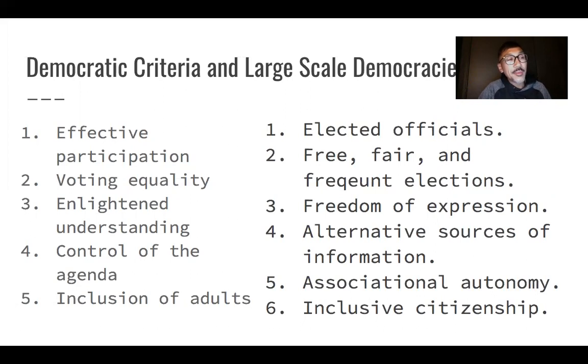Second, in free, fair, and frequent elections, elected officials are chosen by the citizens. And these elections are necessary to offset authoritarian power, where power is universally held by a few without the consent of the citizens.